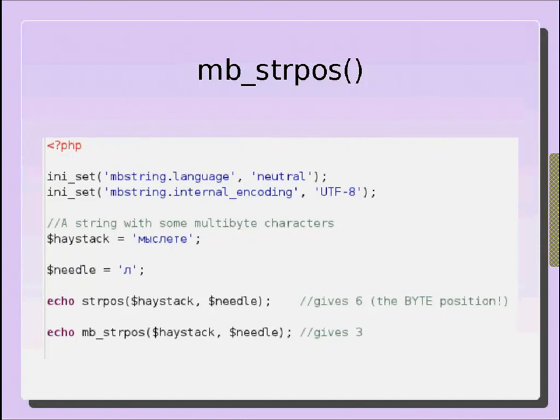It's actually not massively clear on the slide, but in the haystack string, you can see it starts with a sort of M, and then there's a B and an I. I should say that the B and the I is actually 1 character. It looks like 2, it's actually 1 character. So 3 there is correct.